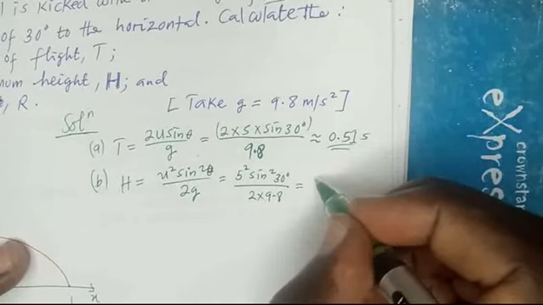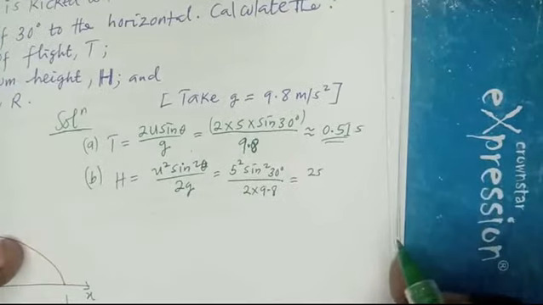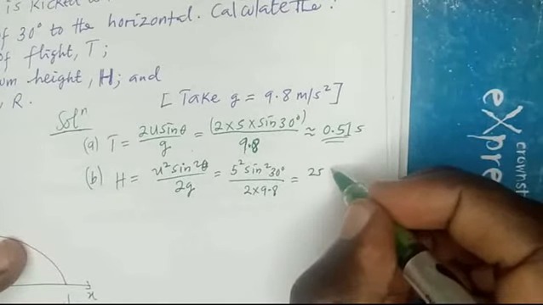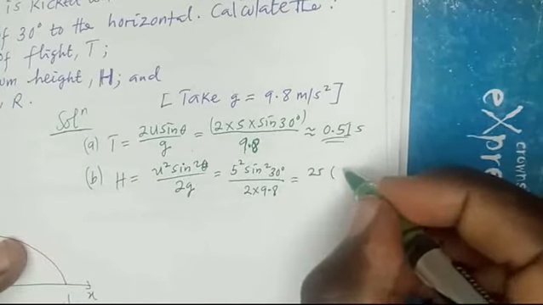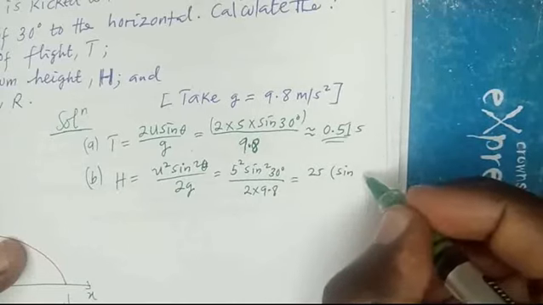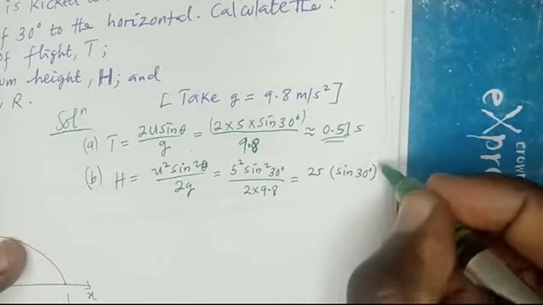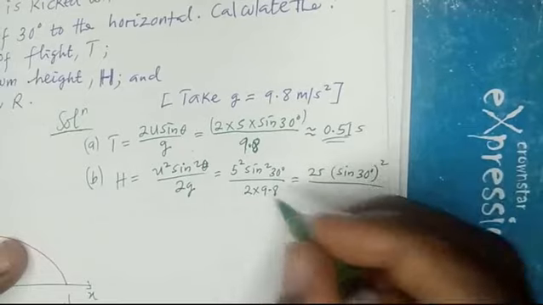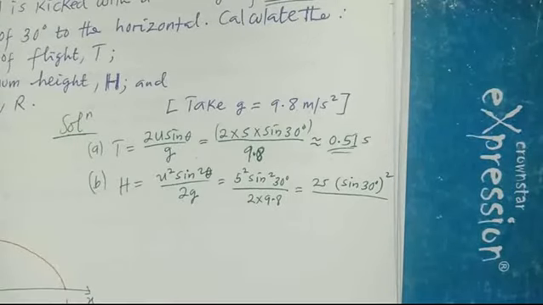Our 5 squared is 25, and sine squared 30 degrees means sine 30 degrees squared. 2 times 9.8 gives you 19.6.